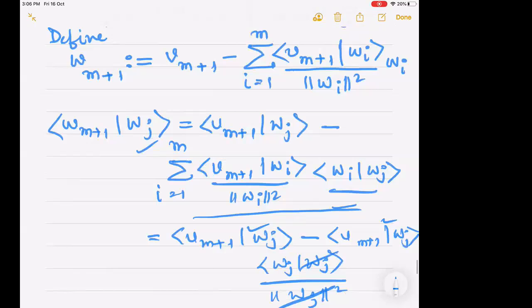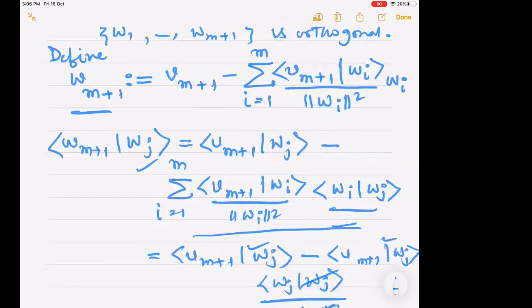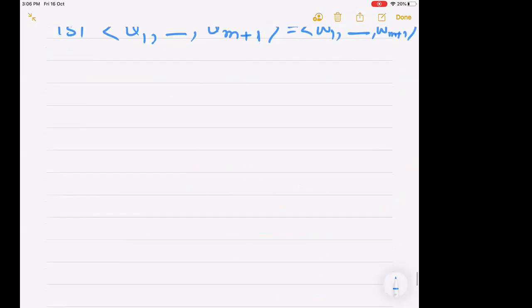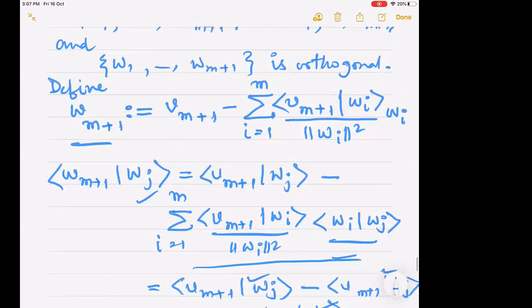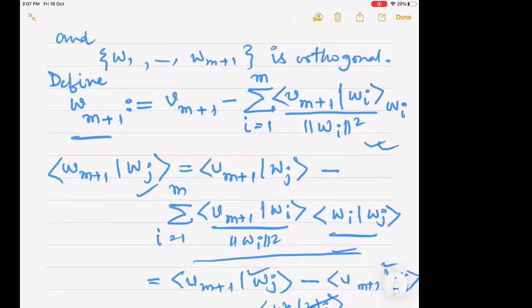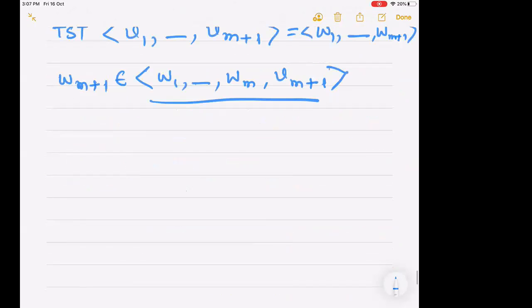The way I've defined Wm plus 1, it is a vector in the span of W1 up to Wm and Vm plus 1. Why? Look at the expression for Wm plus 1. It's a linear combination of vectors W1 up to Wm and Vm plus 1. So I am not mistaken here. This is indeed true, right?